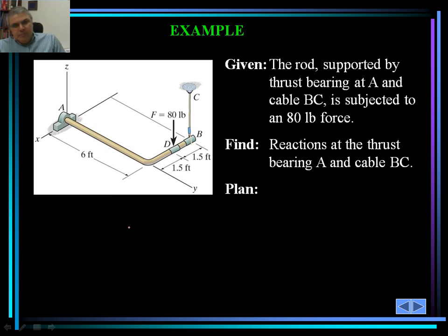Okay, so let's take a look at a great example here. The rod is given. It's supported by a thrust bearing at A and a cable BC. It's subjected to an 80-pound force.